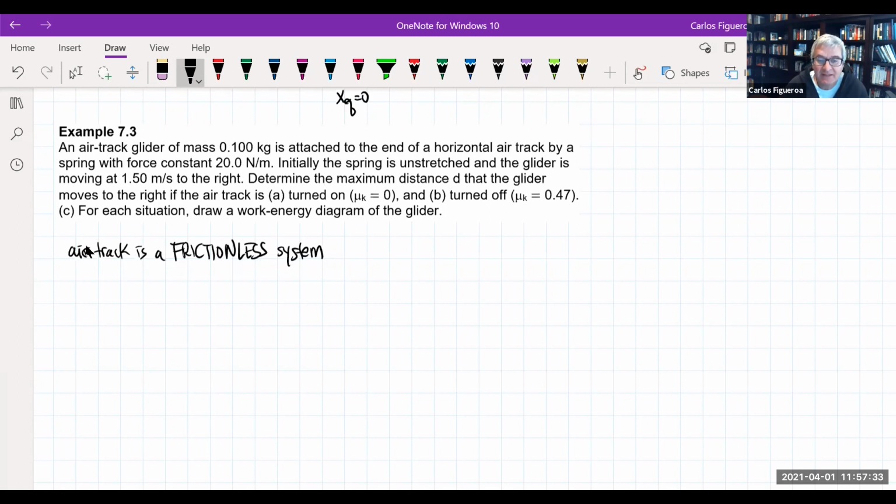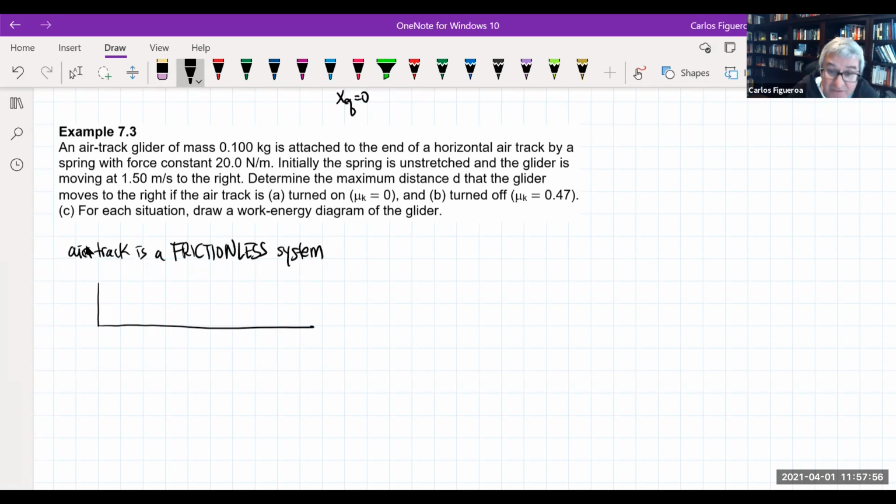It says I have a cart, a system that looks something like this. Imagine I have my system right here. How am I going to draw this? And again, you have air pushing up on this object.